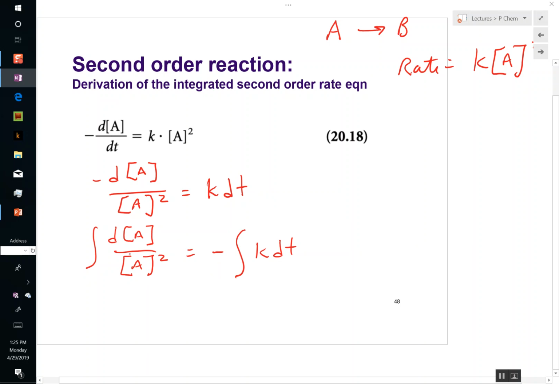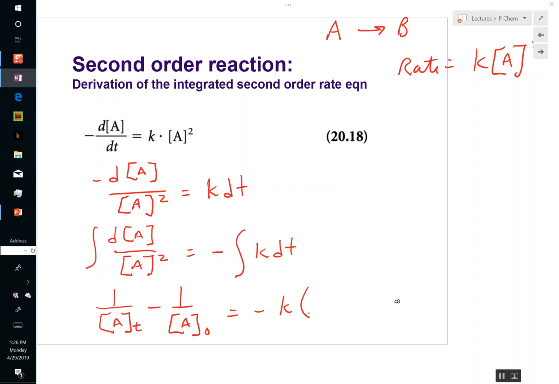the integral of this is going to be the negative 1 over A_t minus negative 1 over A naught, so it would be 1 over A_t plus 1 over A naught.